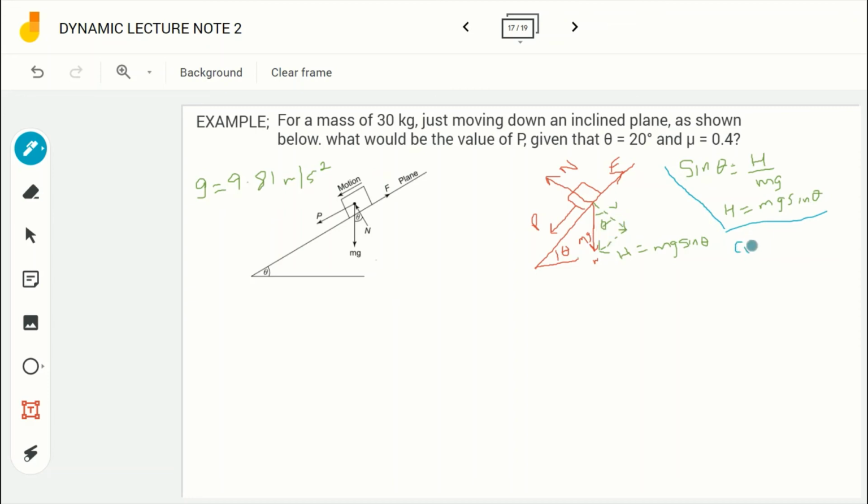I use cos theta is equal to adjacent, which is the V, over the hypotenuse, which is my mg. So my V therefore is mg cos theta.